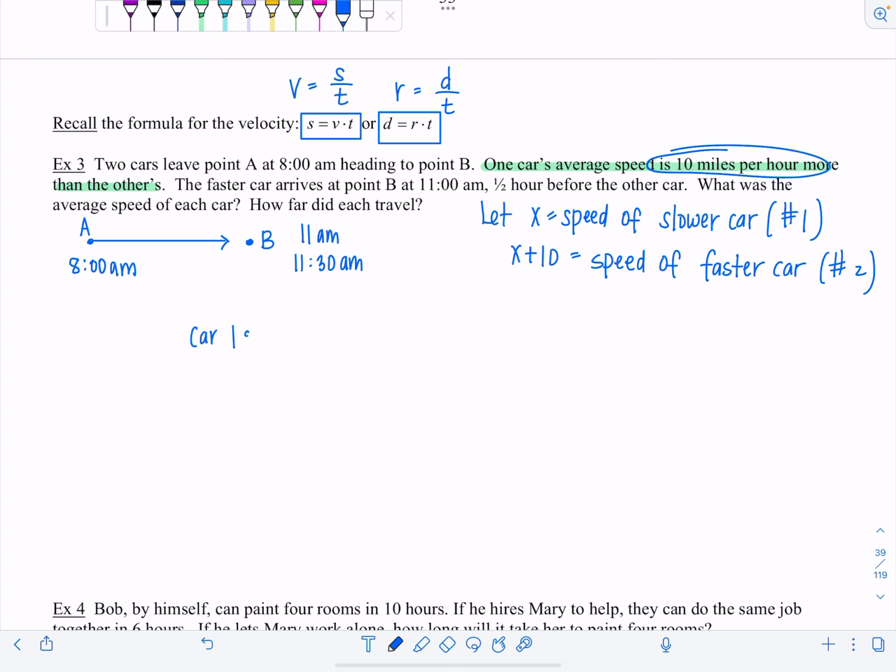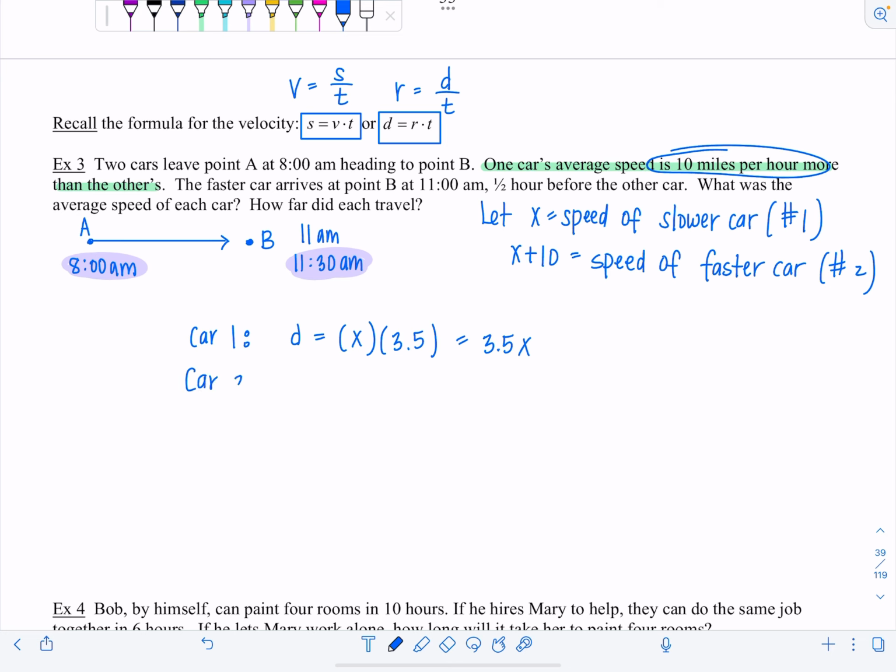So car 1, slow car. The distance that it traveled from A to B is equal to its rate, its speed, which is X, times T. How long did the slow car travel? It traveled from 8 a.m. until 11:30 a.m. So that's 3.5 hours. So this is just 3.5x.